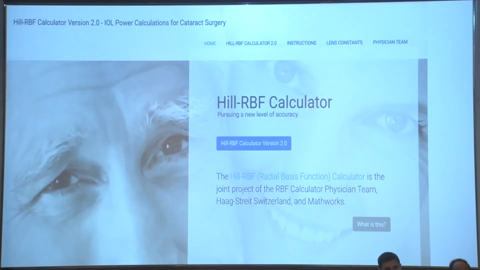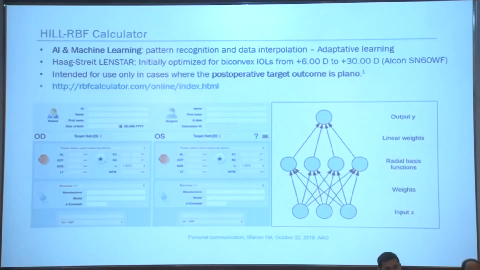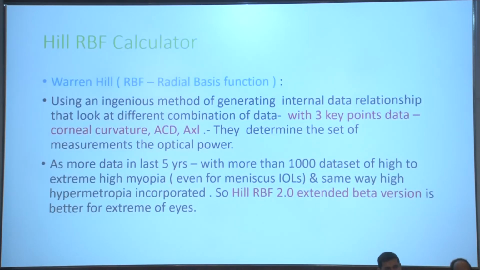The Hill-RBF calculator is again one of the newer artificial intelligence formulas. They are artificial intelligence with machine learning, pattern recognition and data interpolation, which is known as adaptive learning. It uses a three-point database of corneal curvature, anterior chamber depth, and axial length, and this has already been fed with measurements from the optical biometry, and it gives results by artificial intelligence.